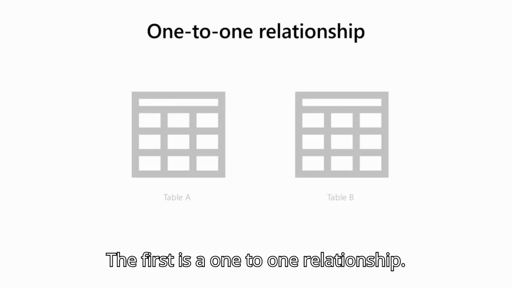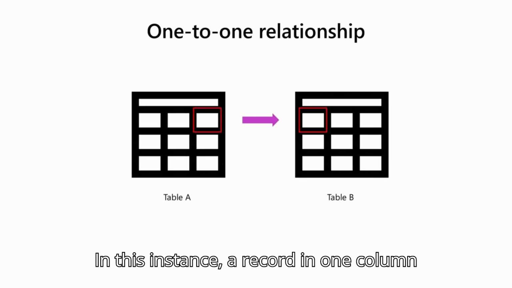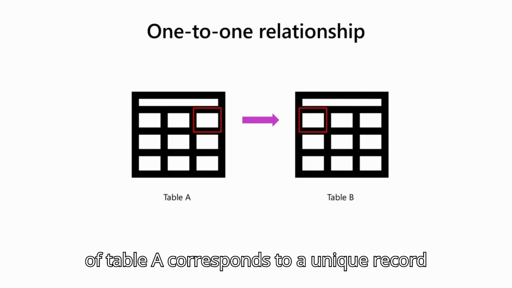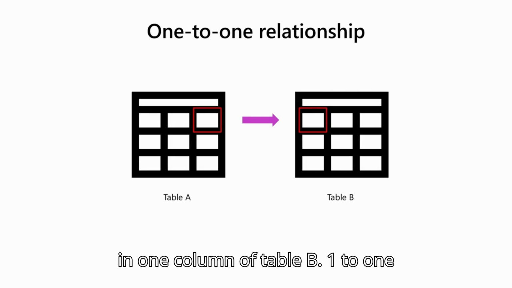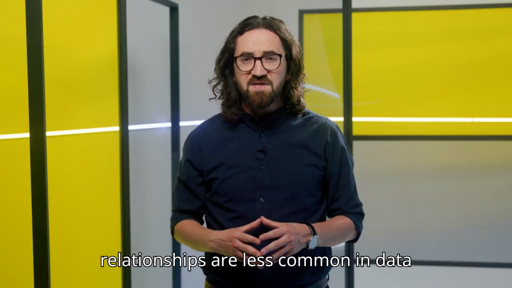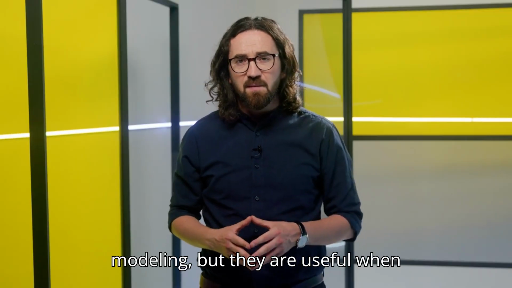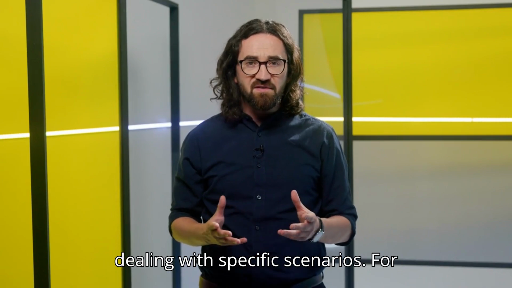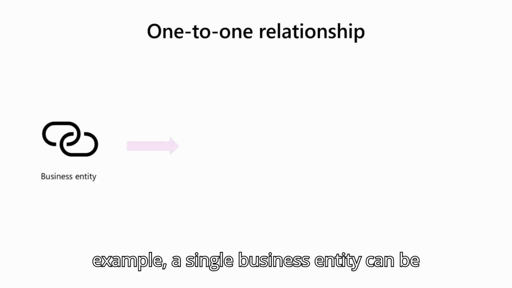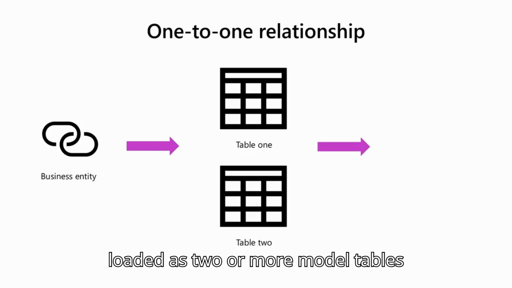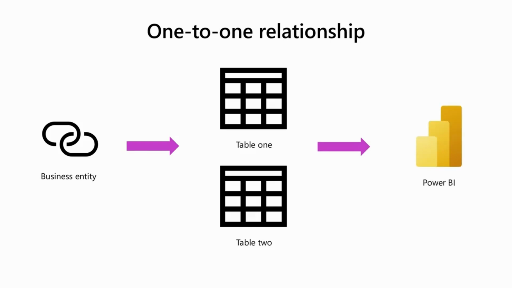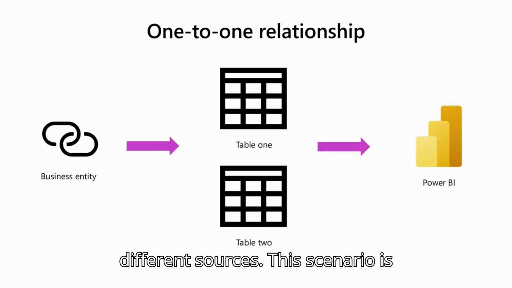The first is a one-to-one relationship. In this instance, a record in one column of table A corresponds to a unique record in one column of table B. One-to-one relationships are less common in data modeling, but they are useful when dealing with specific scenarios. For example, a single business entity can be loaded as two or more model tables because the data might come from different sources.